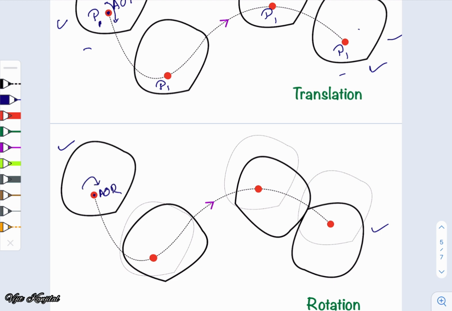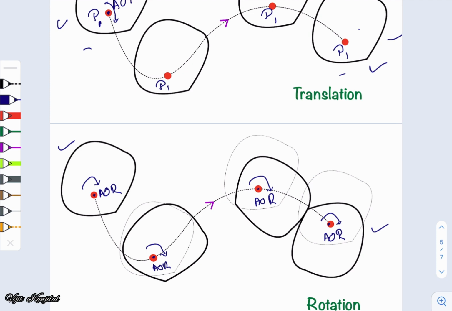So as the body is translating, it is also rotating at the same time with respect to an axis of rotation. The axis of rotation is also translating with the body, but simultaneously, along with translation, the body is also rotating with respect to an axis of rotation.